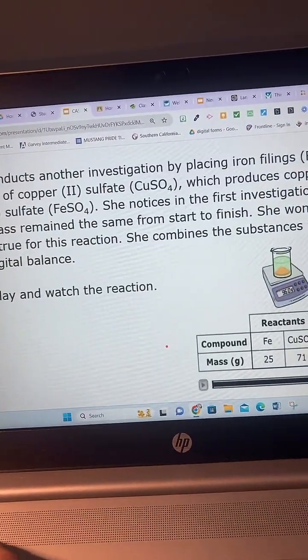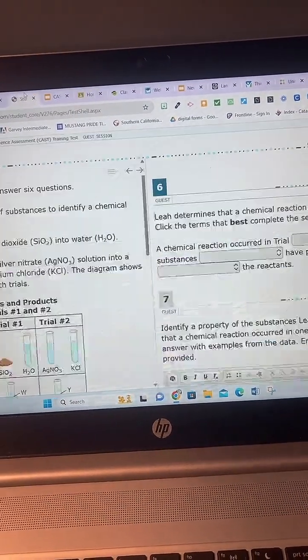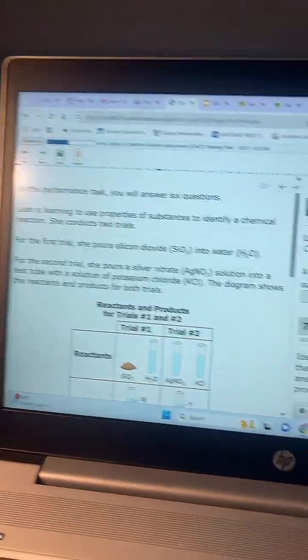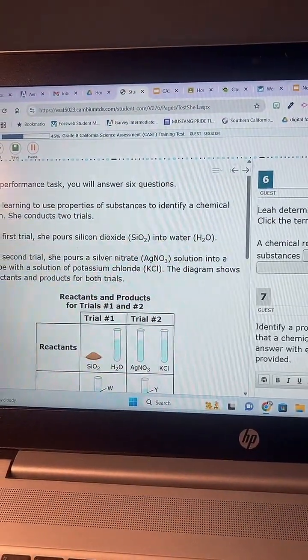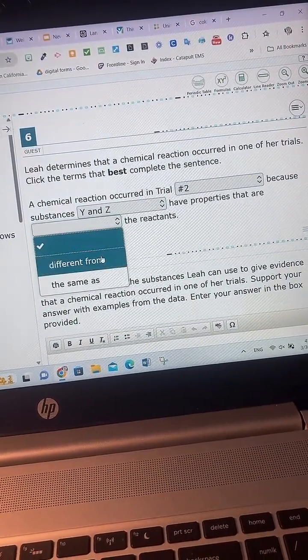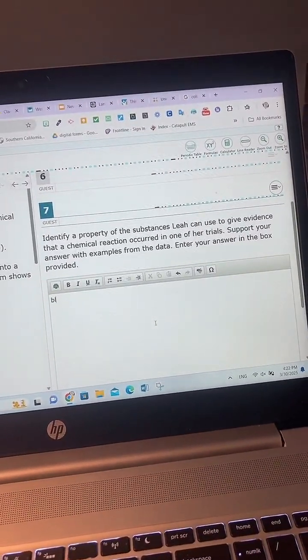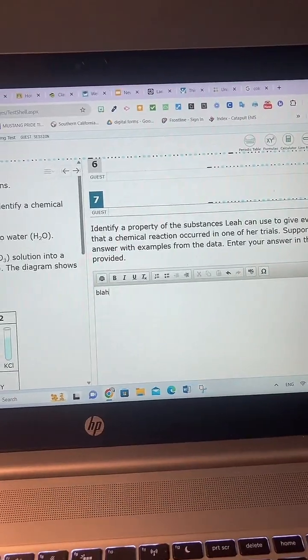So let me show you what the thing actually looks like. Notice Y and Z have properties that are different from the reactants. I already showed you what the answer is, so I'm just going to write blah here so we can go forward, because what we really want to look at is 8.